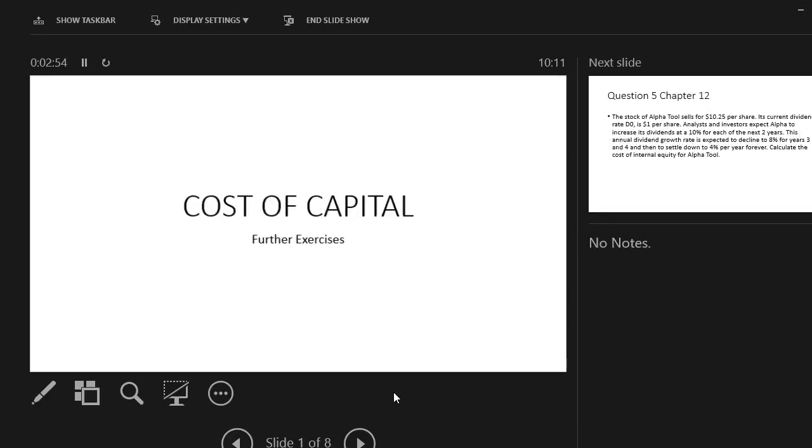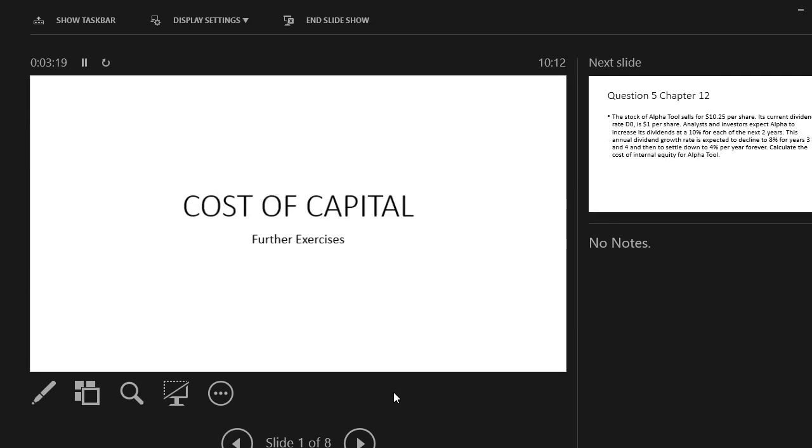Sometimes you'd find questions where you are asked to calculate the cost of capital. We call it the cost of capital, and it's measured in percentage. So today we'll be looking at that, right?